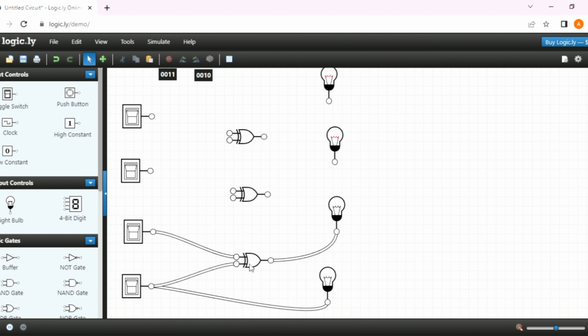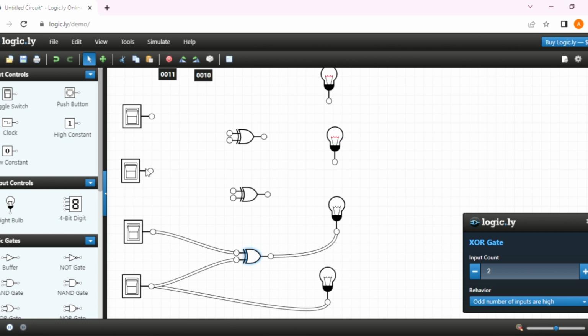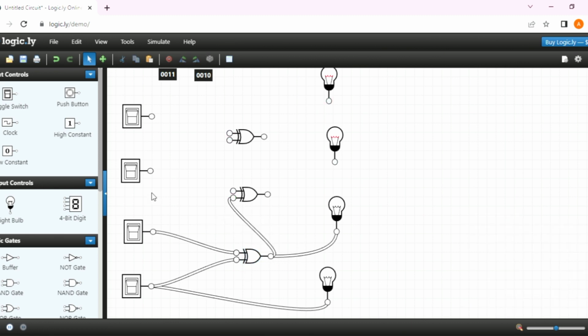Next, the third input and the output from the second input should be XOR operated. Now the fourth bit and the input from the third and second bit should be connected to the third XOR gate. It should be connected to the output.